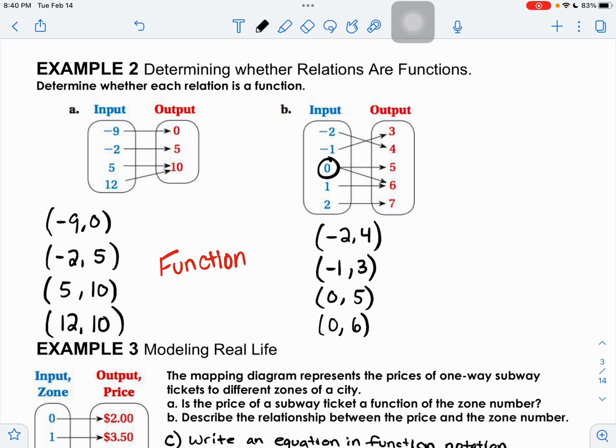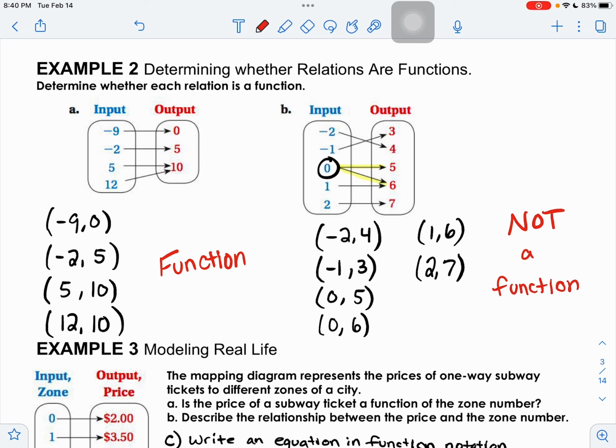Because 0 has two different outputs, this one is not a function. I'm going to finish writing my ordered pairs, though. 1 was with 6, and 2 was with 7, and this one we said is not a function.